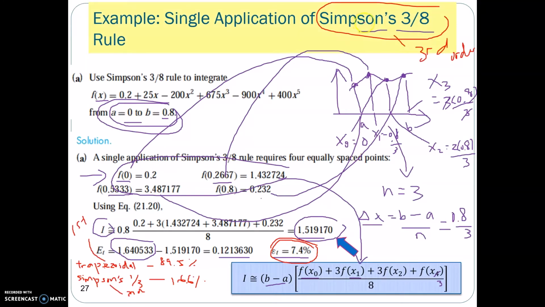This is because Simpson's 3/8 rule is using the third order approximation method, compared to the Simpson's 1/3 using the second order, and the trapezoidal rule using the first order method. By increasing the order of the integration method, the error will be reduced, so you can obtain more accurate results.